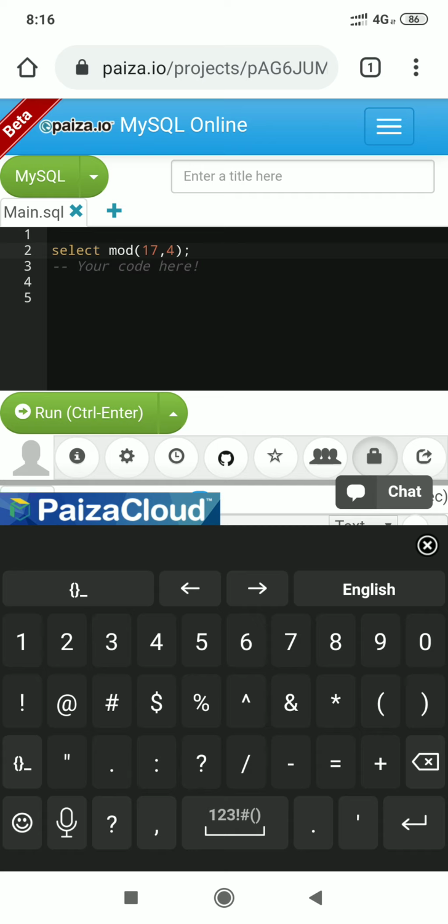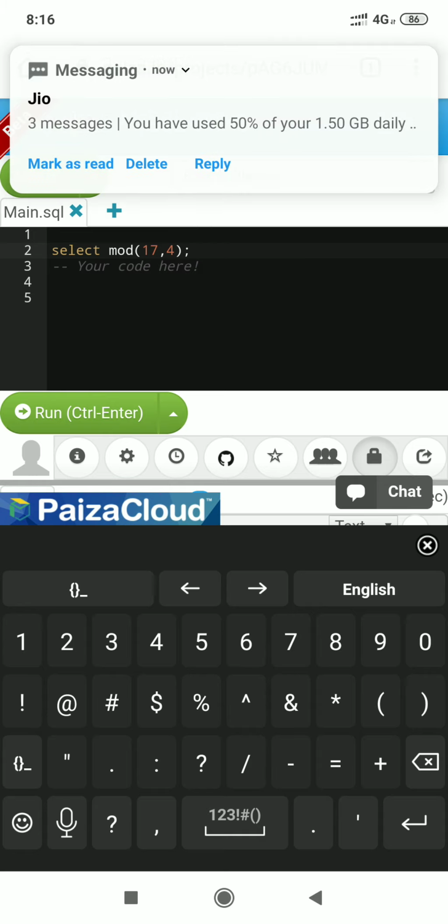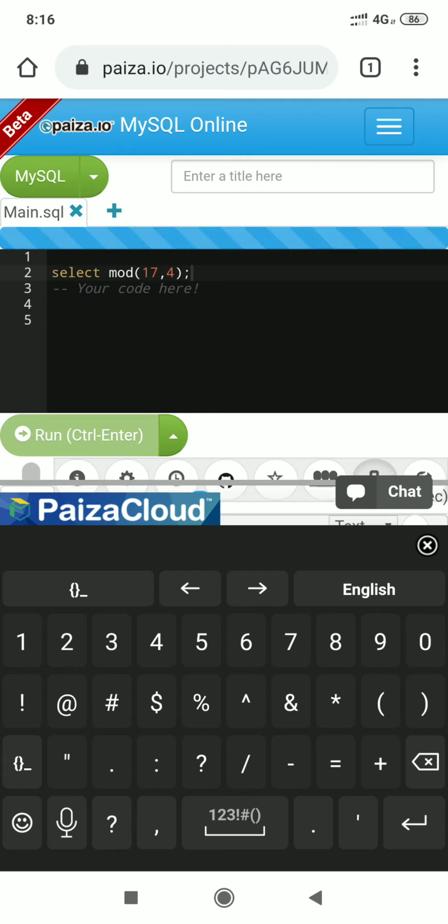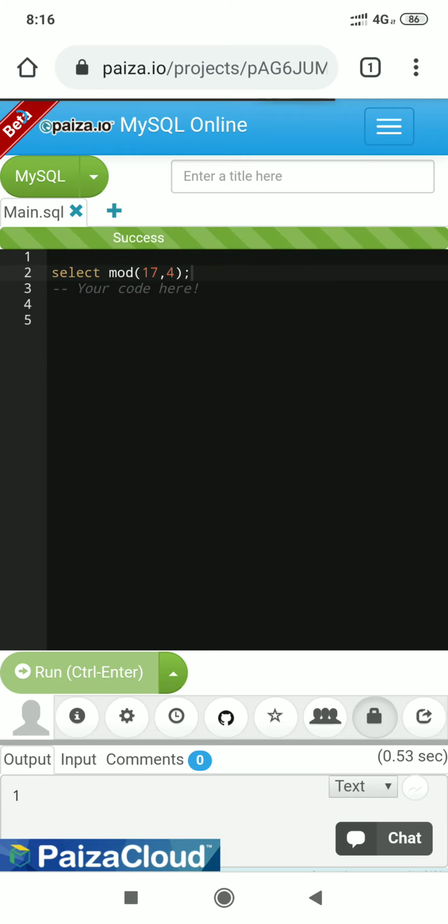Students, what should be the answer? 17 is to be divided by 4. The remainder will be 1 only. 4 times 4 is 16, and the remainder is 1. 17 divided by 4, it will divide 4 times, and the remainder will be 1. So its answer is 1.